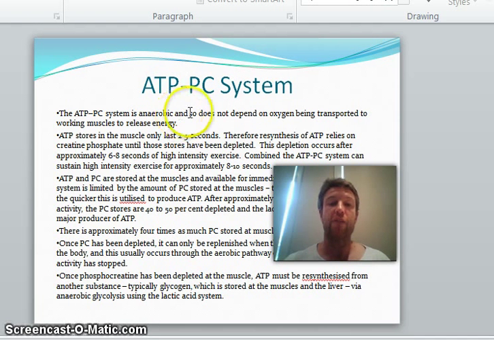Firstly, it's an anaerobic energy system, which means it doesn't rely upon there being enough oxygen present. And when we talk about events that are short duration and high intensity, you should be starting to think about the events in your mind that would best suit being supplied by the ATP PC energy system, things like a 100-metre sprint, any type of field event in athletics such as a high jump, a shot put, a long jump.